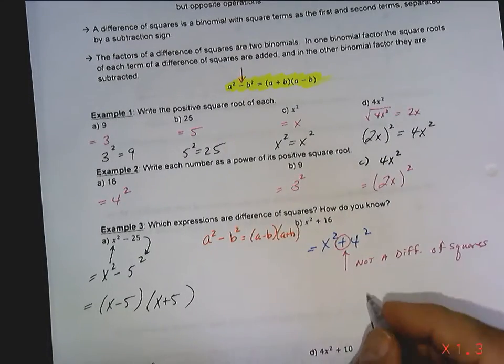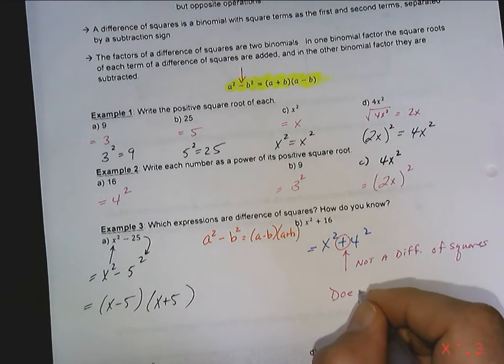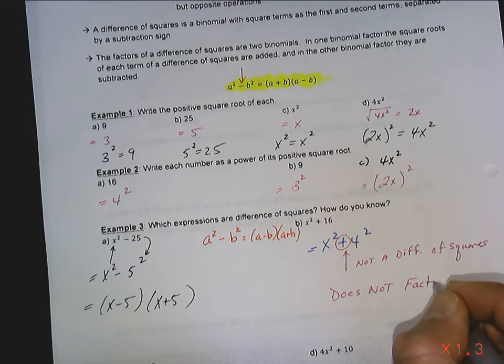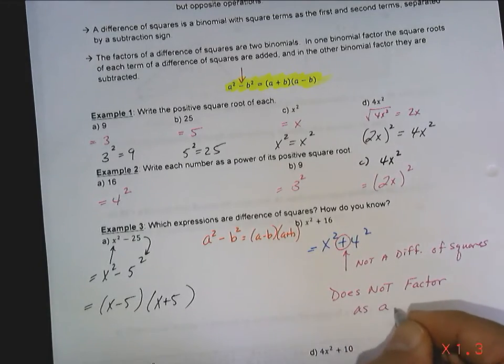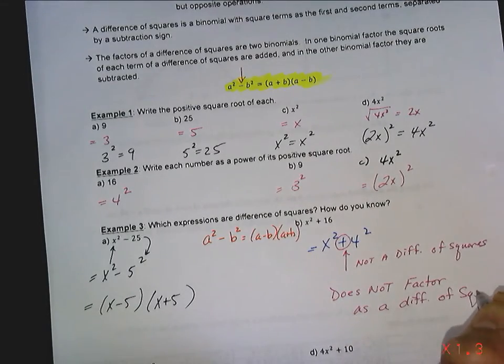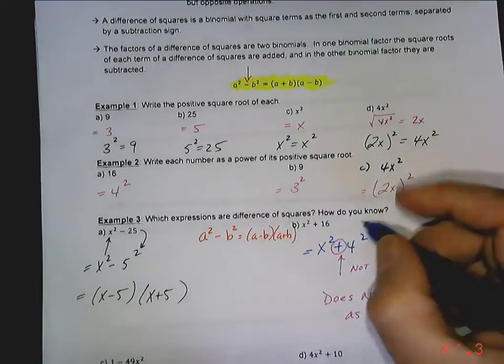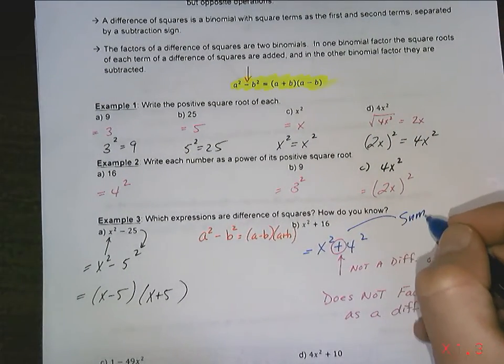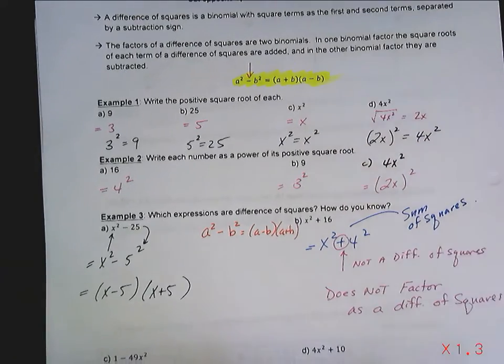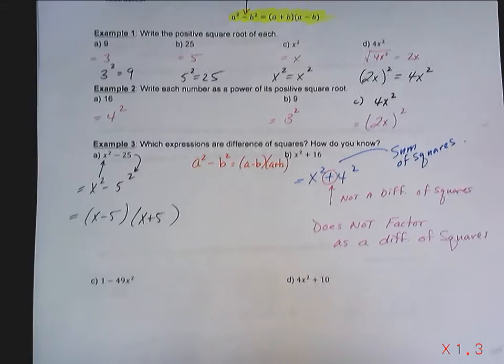That's got to be subtraction. So it does not factor as a difference of squares. Why not? Because it's not a difference of squares. It's a sum of squares. And I haven't told you anything about those.